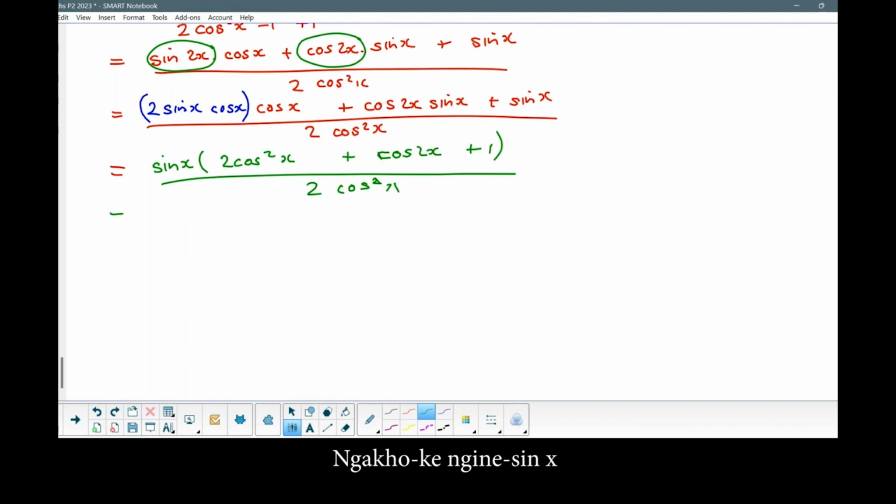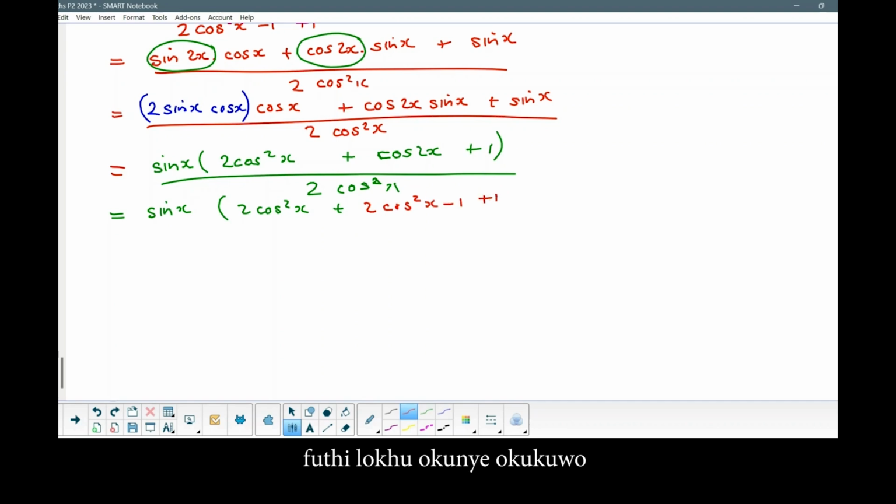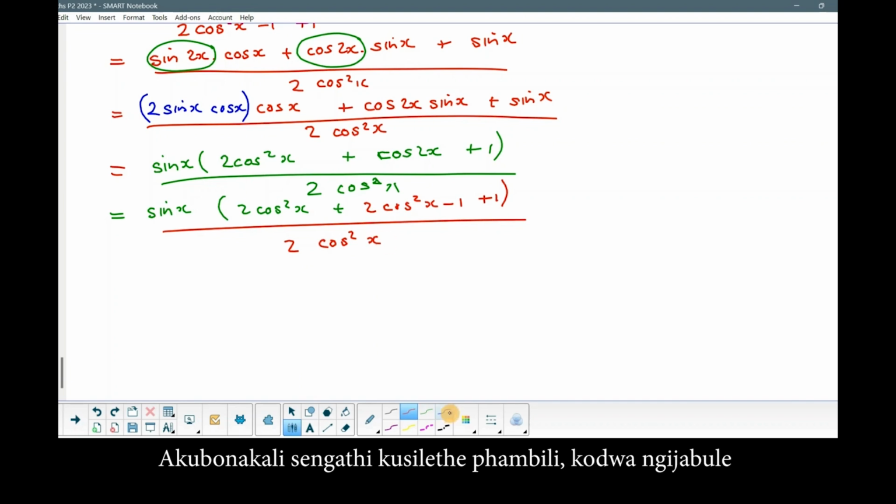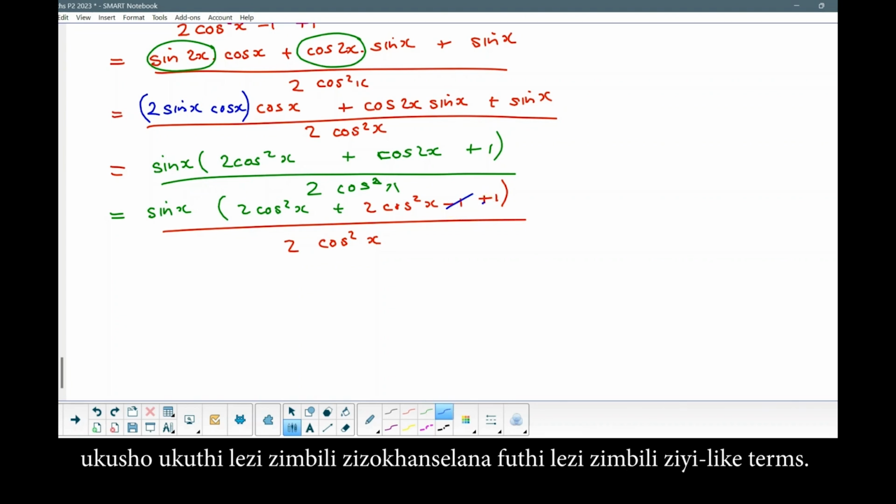So I have sine x times (2 cos squared x plus, let me use a different color, 2 cos squared x minus 1 plus this other one sitting there), all over 2 cos squared x. Right, doesn't seem to have gotten us further, but I'm happy to say those two will cancel out.